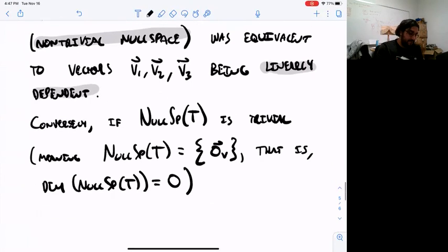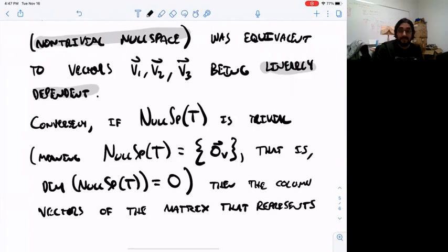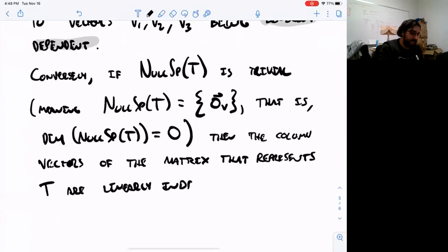So if the null space is trivial, then the column vectors of the matrix that represents T, if you write T as matrix multiplication, then those column vectors of that matrix are automatically linearly independent.